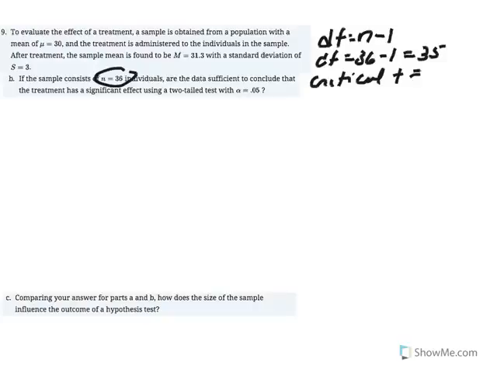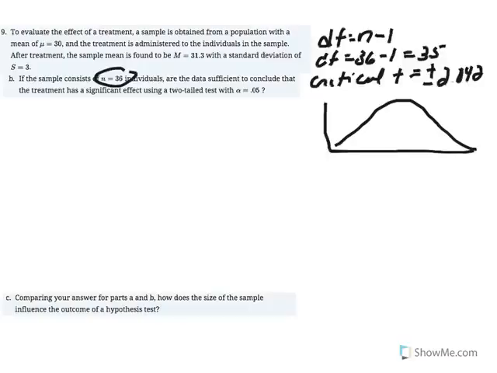As we found in our table, our critical t is equal to positive and negative 2.042. We're going to draw that out so that we get a sense of what we're working with. Again, the mean is 30, and we have these set parameters now at negative 2.042 and positive 2.042.